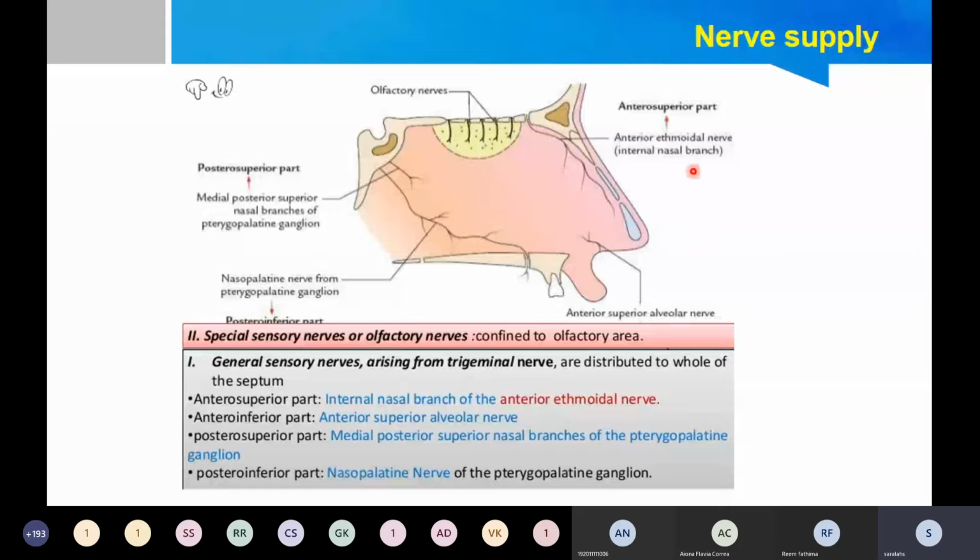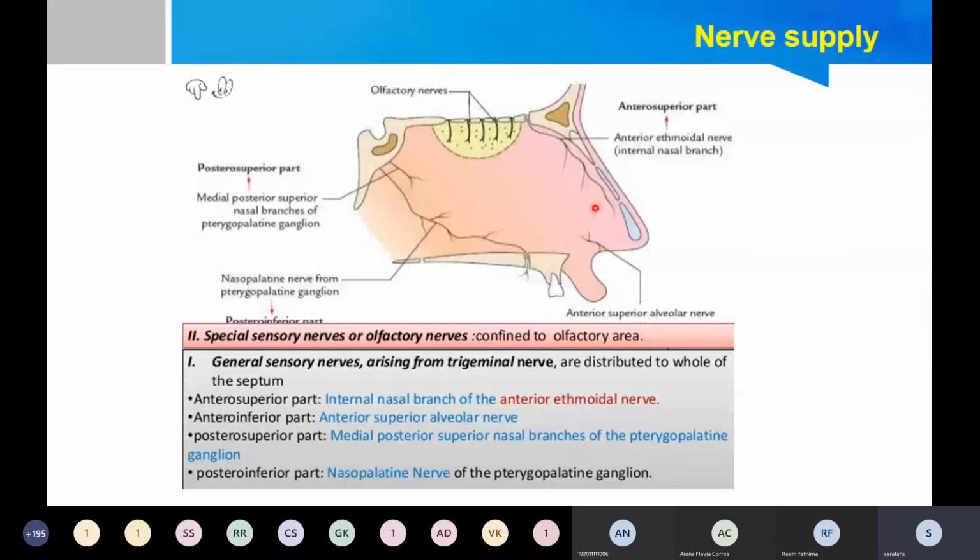So the antero-superior quadrant is supplied by the anterior ethmoidal nerve, and the antero-inferior quadrant by the anterior superior alveolar nerve. Posteriorly, the postero-superior and postero-inferior branches mainly derive from the pterygopalatine ganglion. Postero-superiorly, it is by the posterior superior nasal branches, which are from the pterygopalatine ganglion, and inferiorly by the nasopalatine nerve, also derived from the pterygopalatine ganglion.